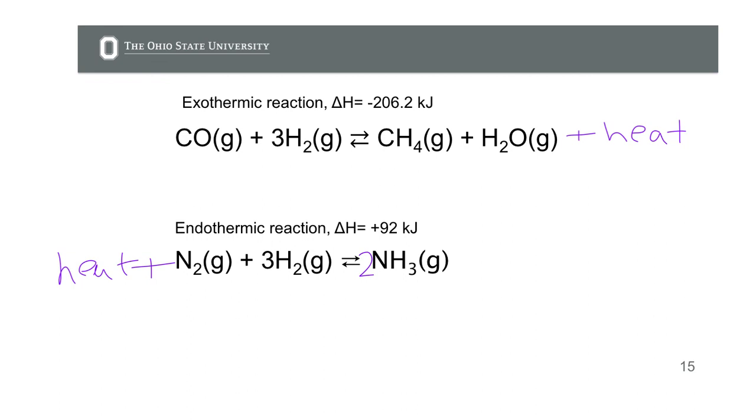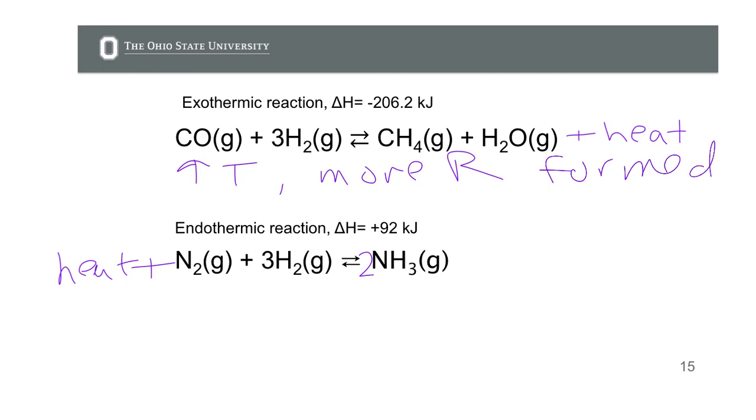So for our exothermic reaction, if we increase the temperature, if we increase the heat, which way is the reaction going to go to regain equilibrium? Towards the reactants or towards the products? Yeah. Towards the reactants, right. If we increase heat more, I'm going to do R for reactants formed.